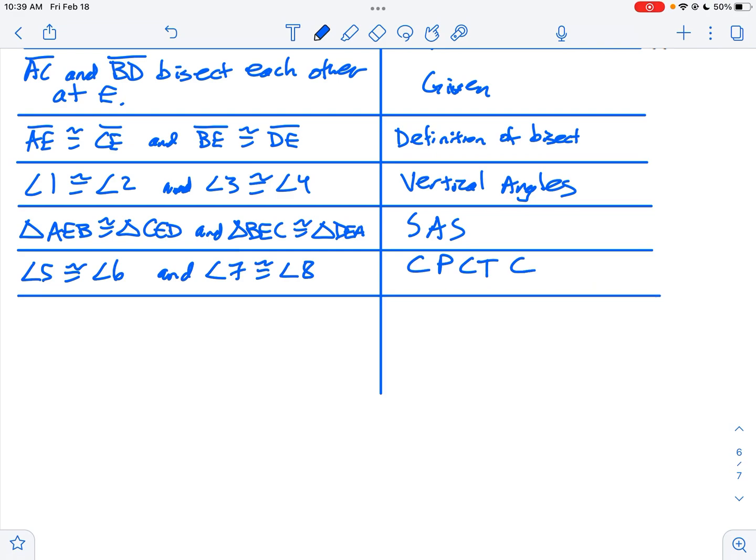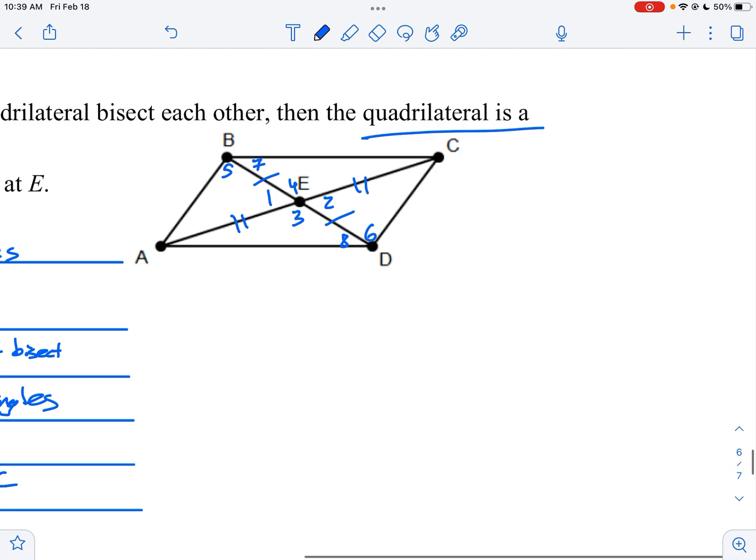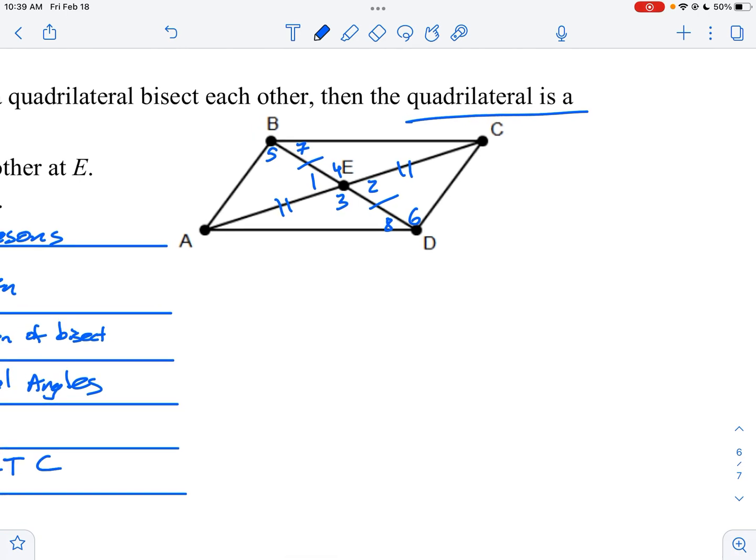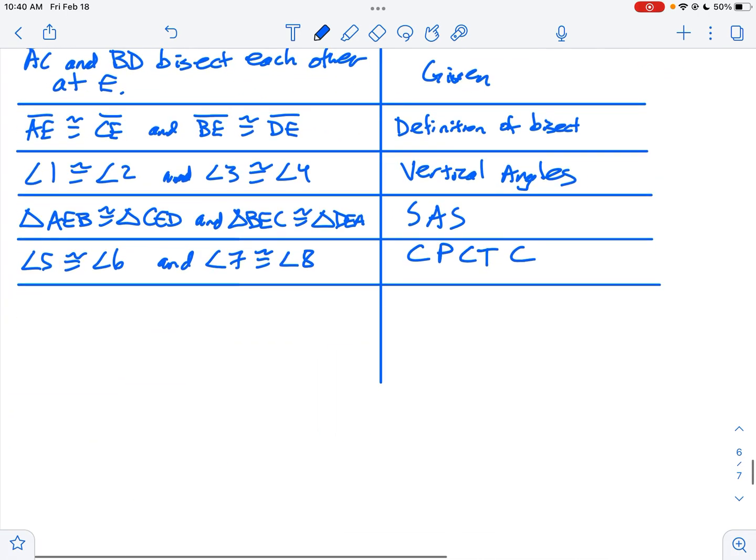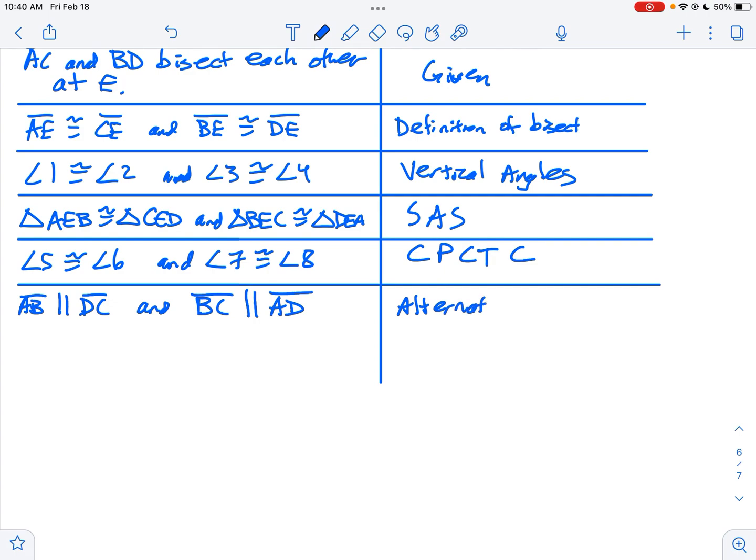And now we have that these opposite sides are parallel. So BC parallel to AD, AB parallel to DC, and that's because alternate interior angles are congruent.